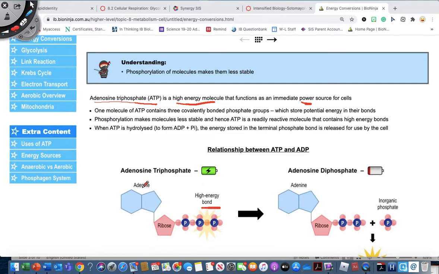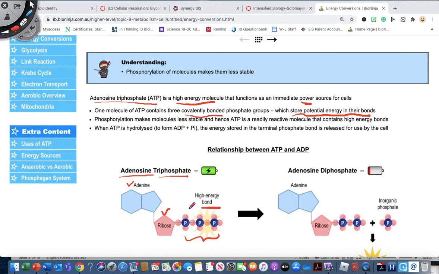So let's look at the ATP molecule a little bit more carefully. We see that it's made up of adenine, made up of ribose, and hence the name adenosine. And then we see that it's made up of 3 phosphate groups, and hence the name triphosphate. Now, these phosphate groups are covalently bonded, so that means that they store potential energy in their bonds.